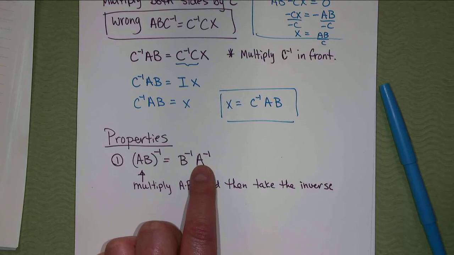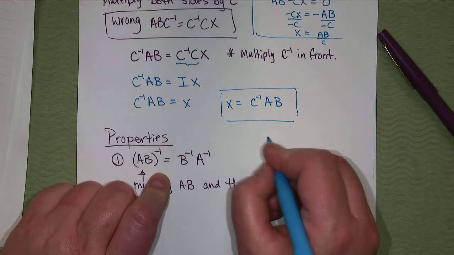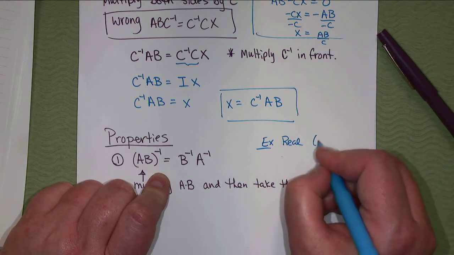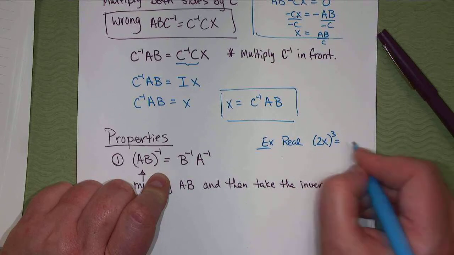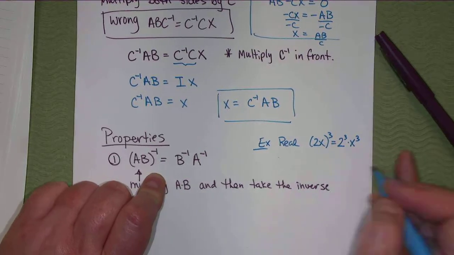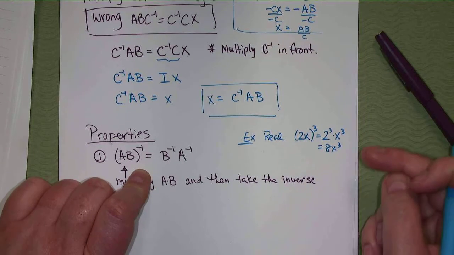So this is a different property than real numbers, because in real numbers, if we had, for example, 2x cubed, then we say this is 2 cubed times x cubed, and it really doesn't matter the order. So this would be 8x cubed, right? We put the exponent into both.